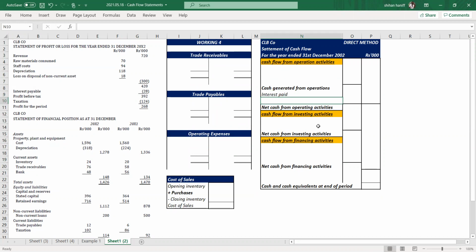Where we have interest paid and tax bill. So the most important thing is this working. If you do this working, then that's it.